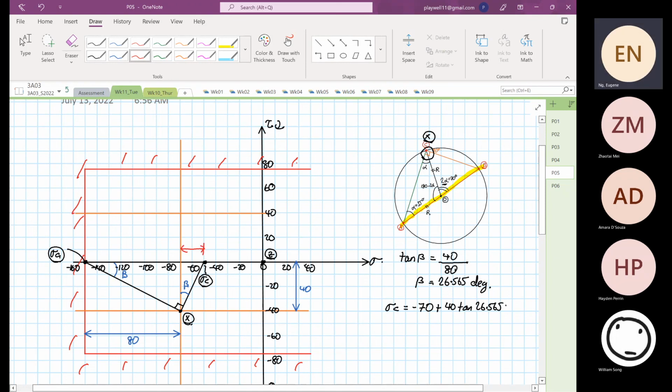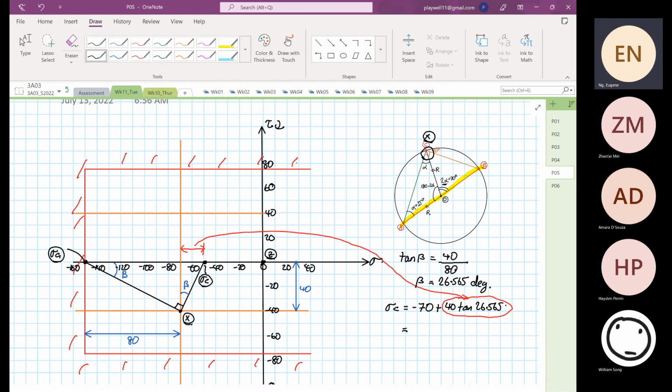This distance corresponds to this formula over here. So this will be equal to tangent 26.565 times 40, which is equal to 20. So minus 70 plus 20 is equal to minus 50 megapascal.